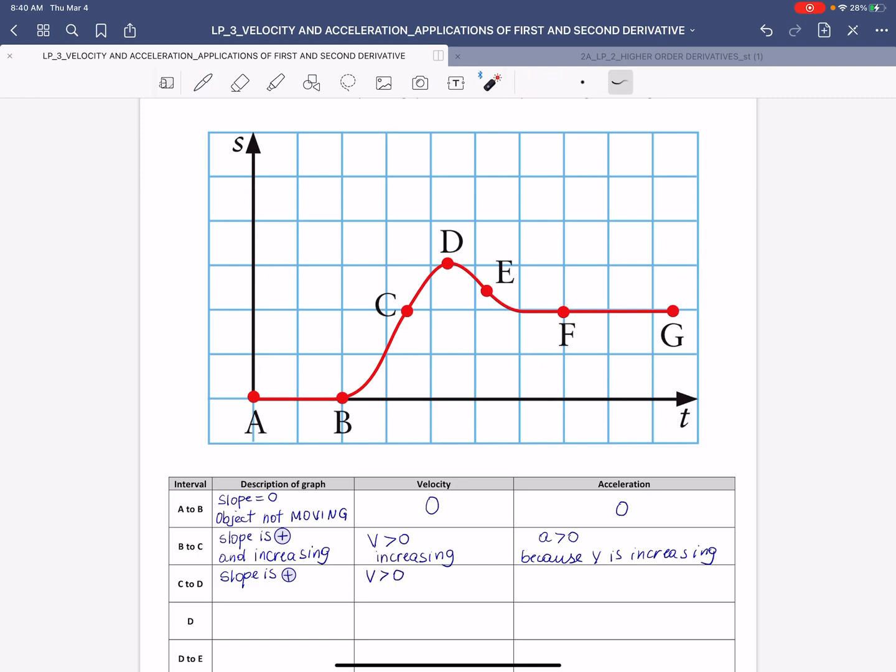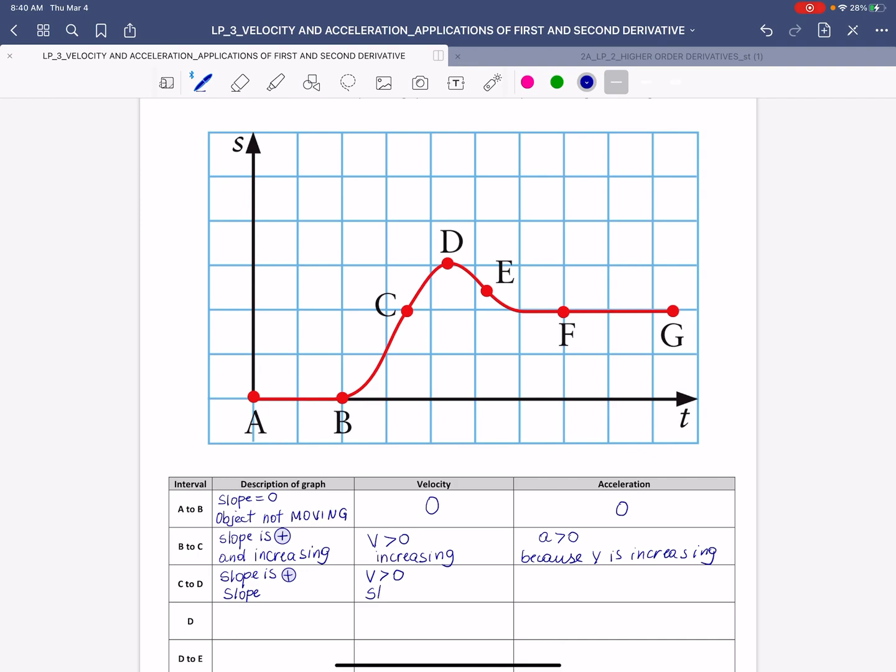Now, when you look at the slope of the tangent, starting from the beginning of the interval, which is C, going towards the end of the interval at D, you see that the slope goes from positive to 0 at D, which means that the slope is decreasing.